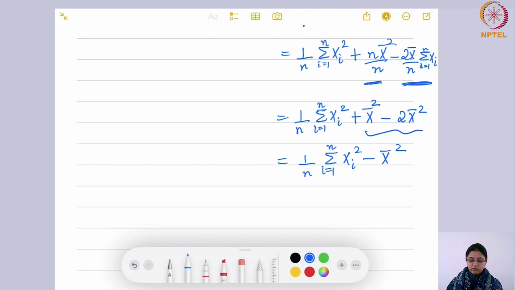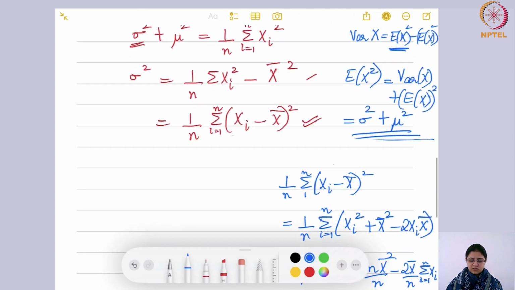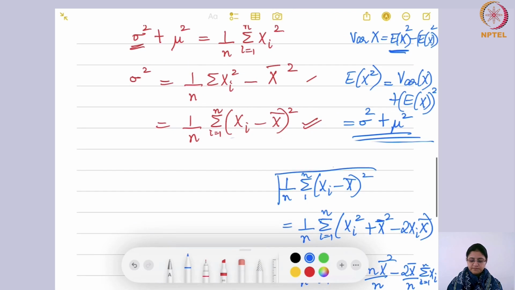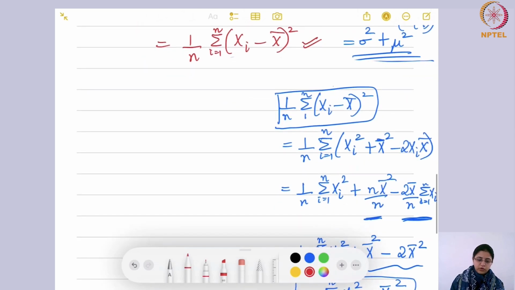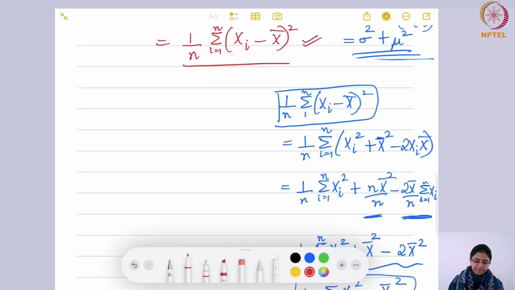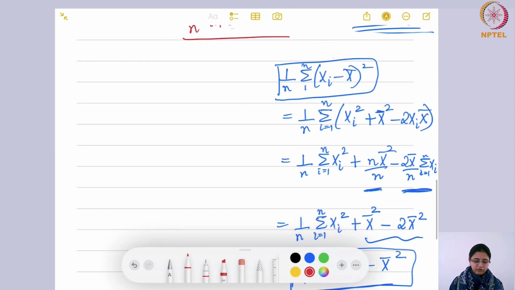And this is what we wanted to prove. We started with this side and said that it can be replaced with this. Now recall what your sample variance was. Sample variance was 1 over n minus 1 times summation xi minus x bar whole square, where i goes from 1 to n.